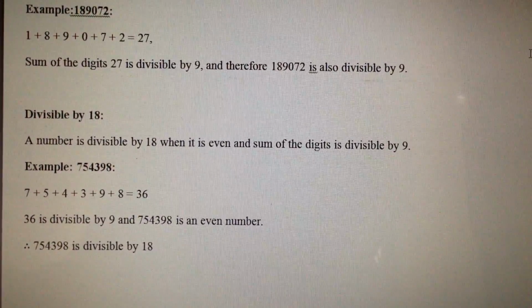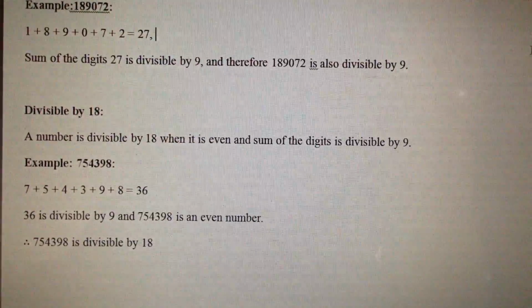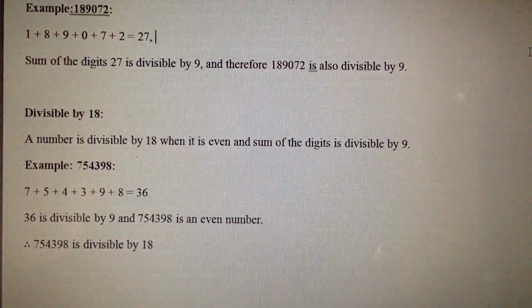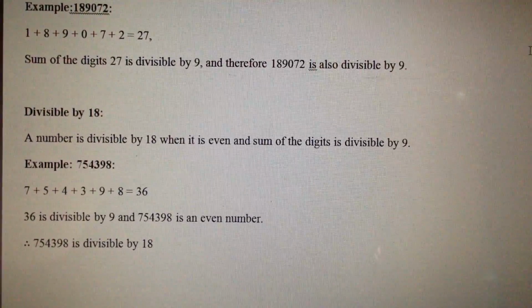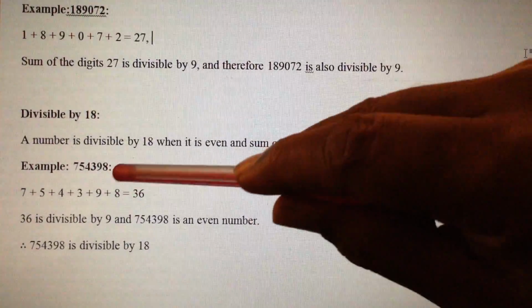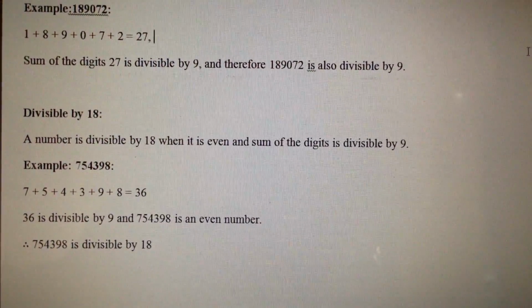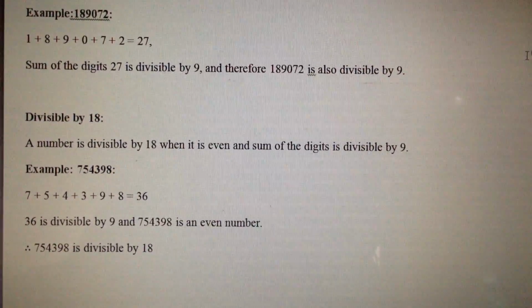Okay, let us take an example. 7,54,398 is a number and the sum of the digits is 36, which is divisible by 9. So the first condition is fulfilled and the number is an even number, we know, because it is ending with an even digit. So both the conditions are fulfilled, therefore the number is divisible by 18.